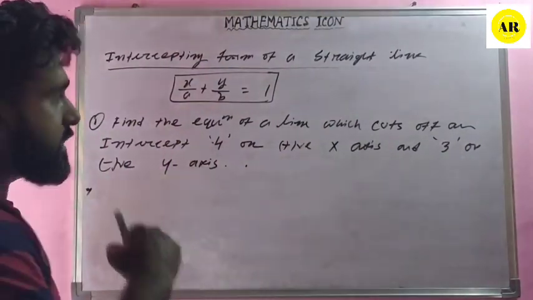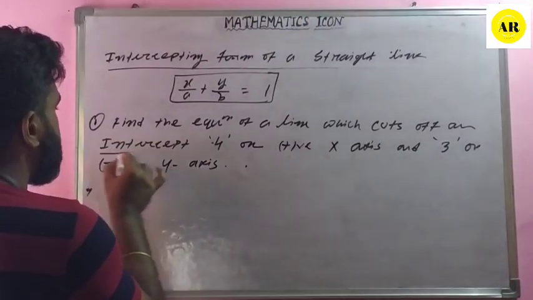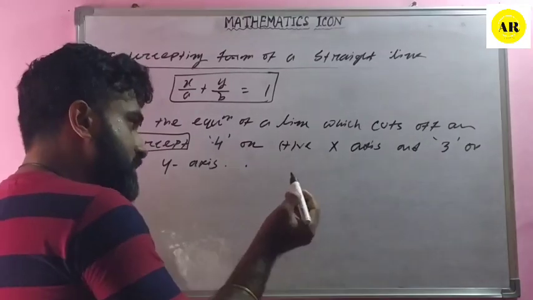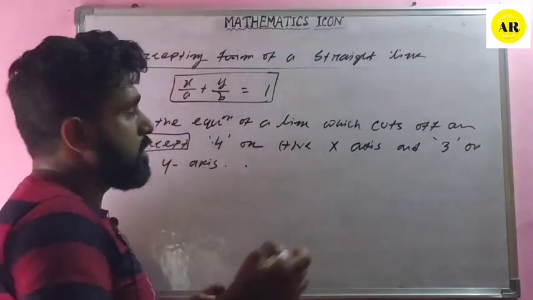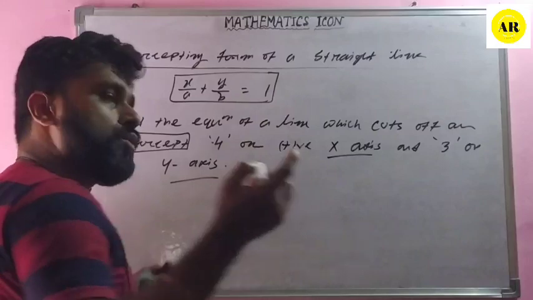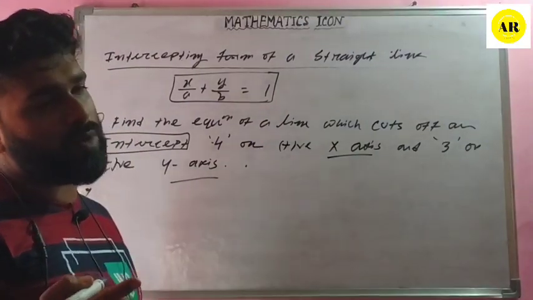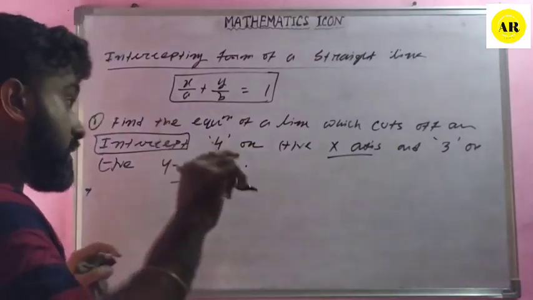So here you can see in this question the intercepts word is used. Okay, so that means intercepts on what, x-axis and y-axis, both have intercepts. So that means you have to use the intercepting form of a straight line. So how?